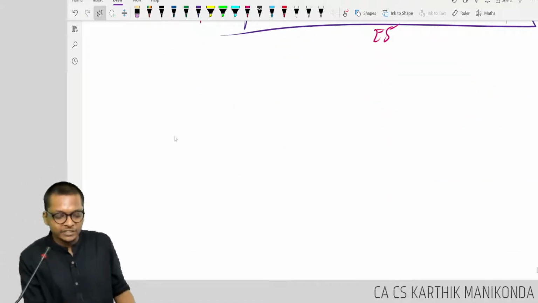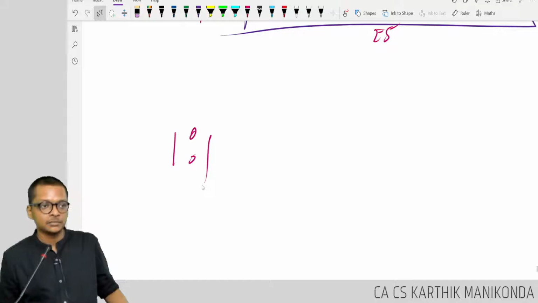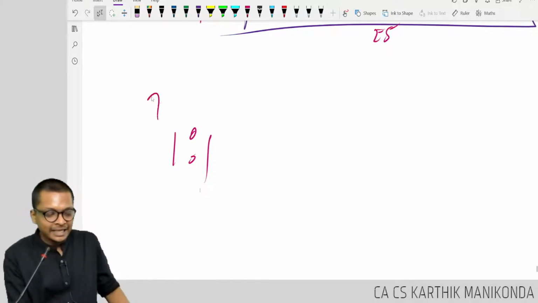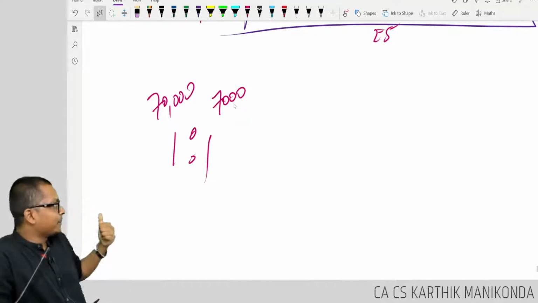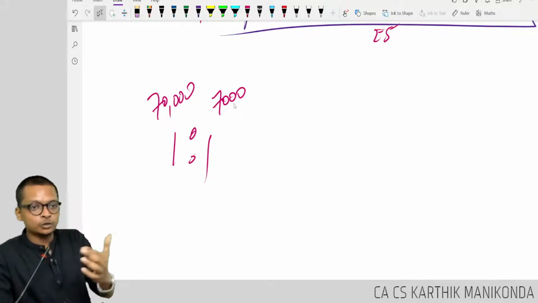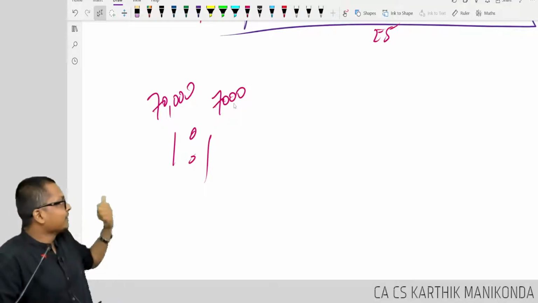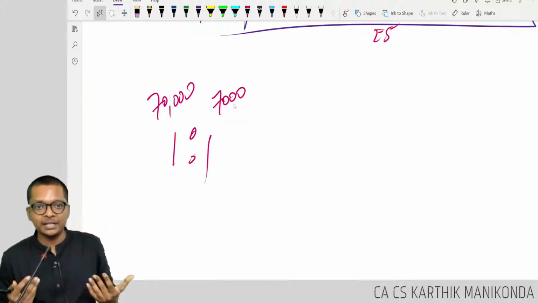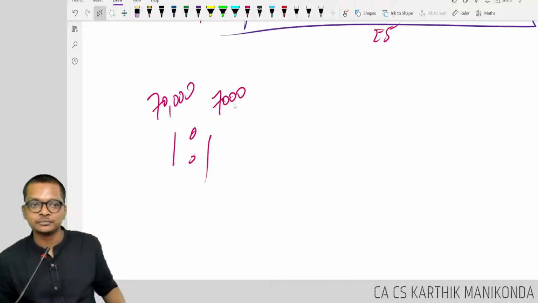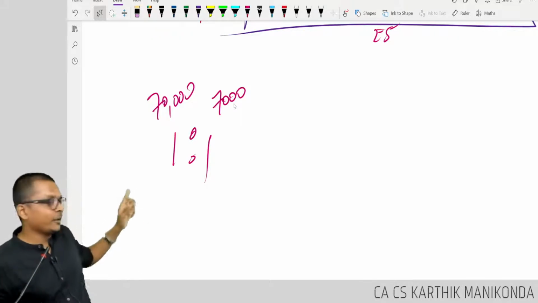Imagine my profit sharing ratio is 1:1, but my capital, A gave 70,000, B gave 7,000. Does it make sense? Will you do partnership with somebody? They are saying we will do 1:1, but you give 70,000, I will give 7,000. Will you accept? If profit sharing ratio is equal, capital also should be equal. Ideally, will you agree for a partnership like that?